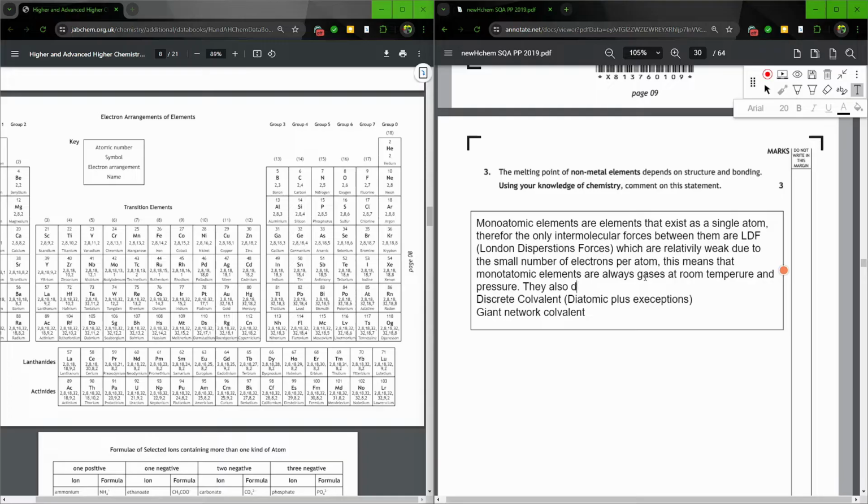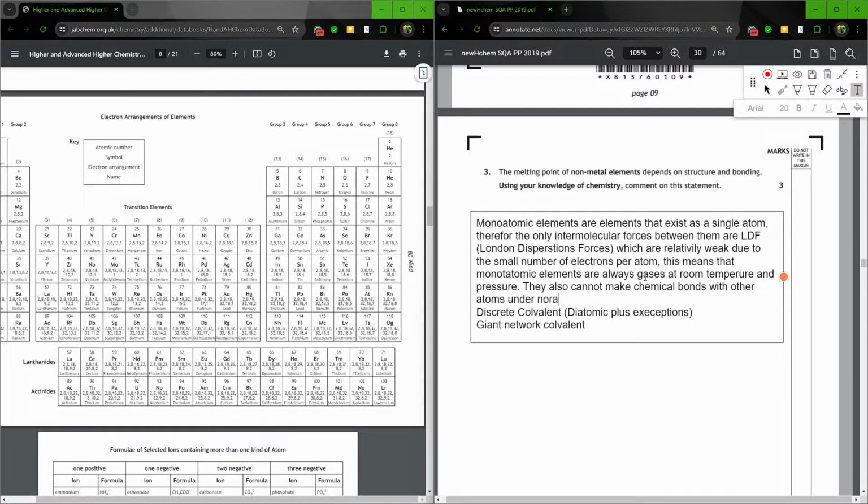They also cannot make chemical bonds with other atoms under normal conditions, because you can actually get weird compounds with xenon if you put them under very high pressure, but this is not covered in Higher Chemistry, and we don't need to go into much detail about it. You can just say they don't do anything under normal conditions.